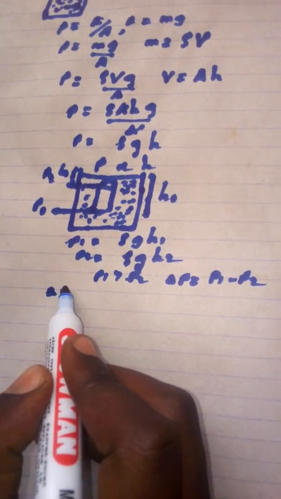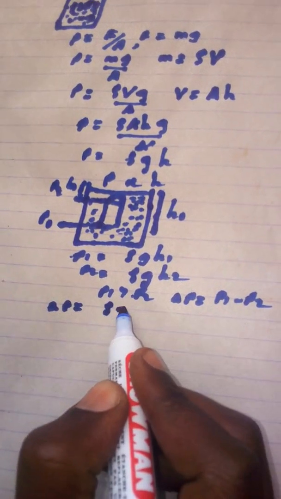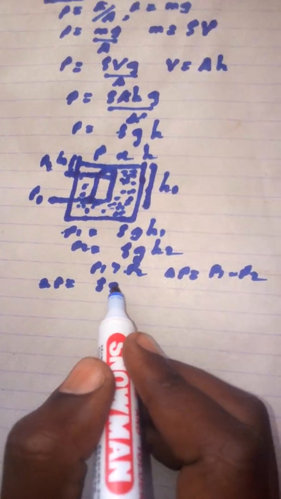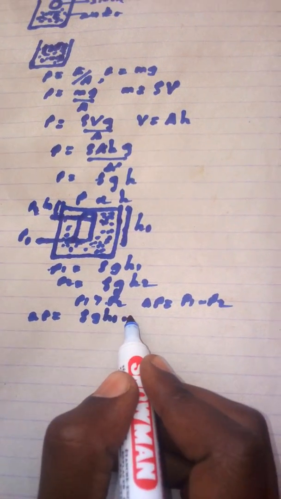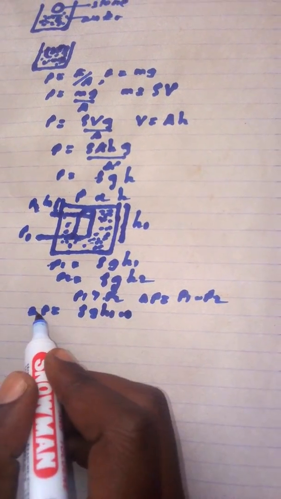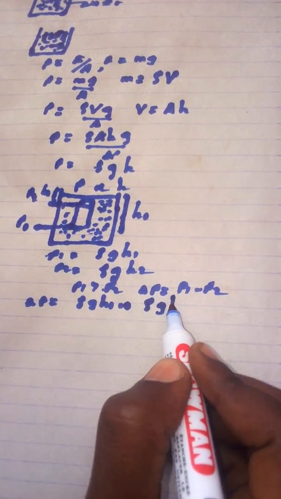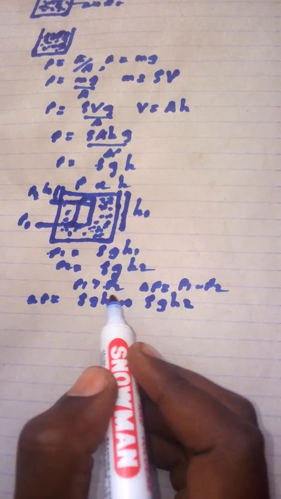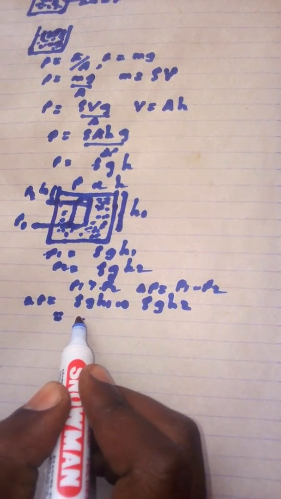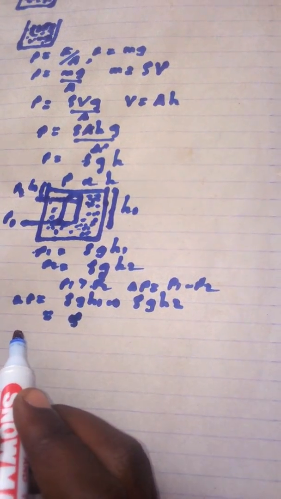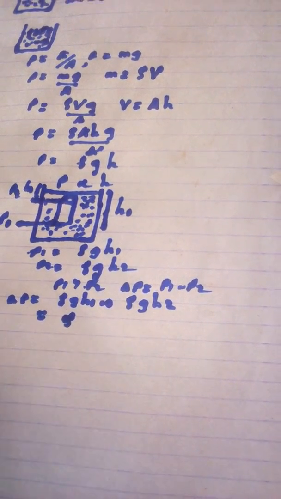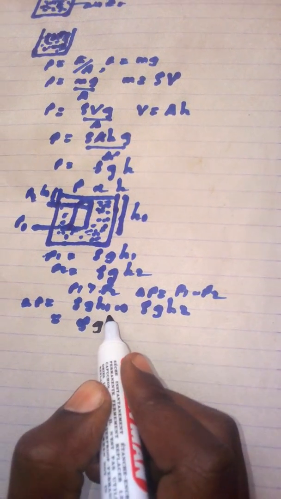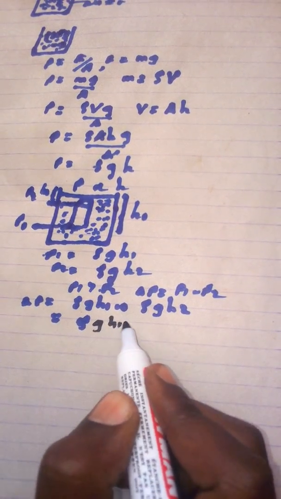So the change in pressure will be equal to rho times G times H1 minus, because you are finding the difference between the two, density times G times H2. So we can write density, this is rho, times the gravitational force, times H1 minus H2.